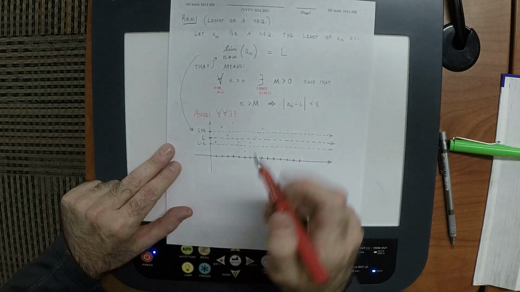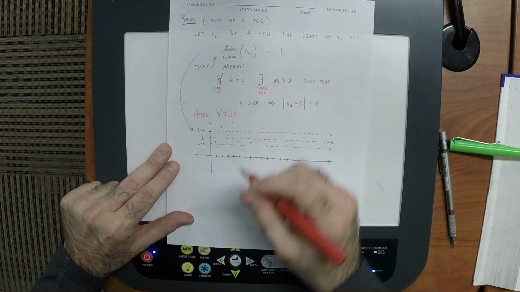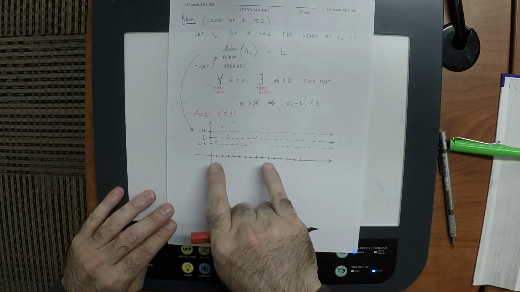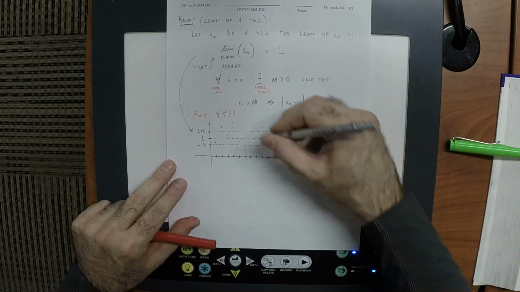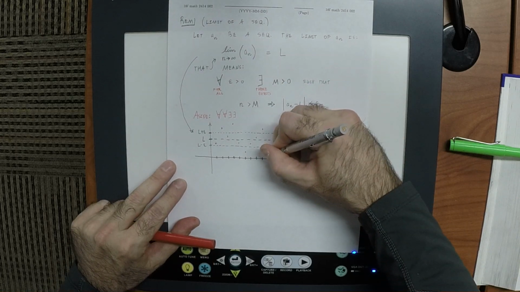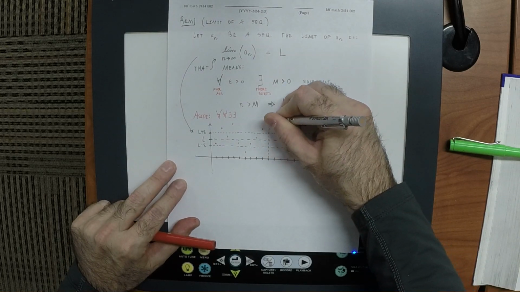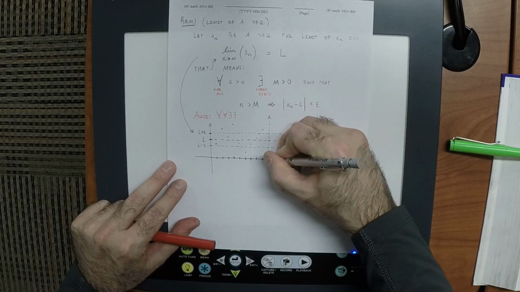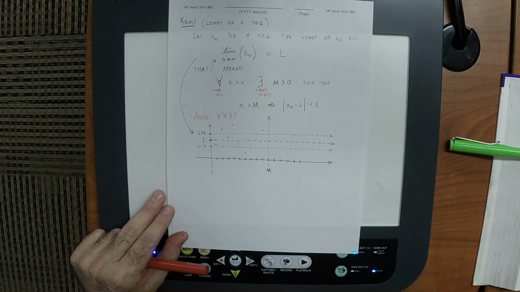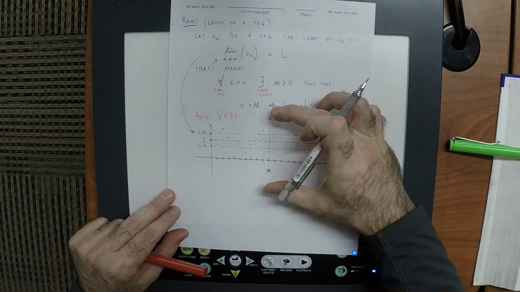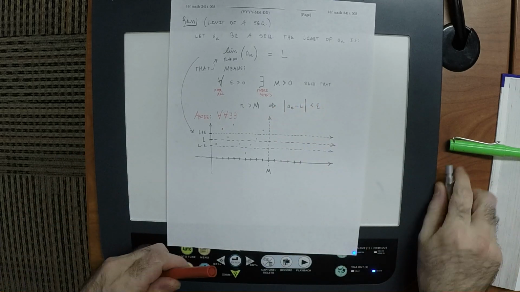But here's the deal. What I'm saying is that we can ignore the sequence's behavior when it was young, right? The indiscretions of youth. Okay, well, all is forgiven. But right here, I'm able to produce an M, and it will be the case that beyond that M, we never leave the band.